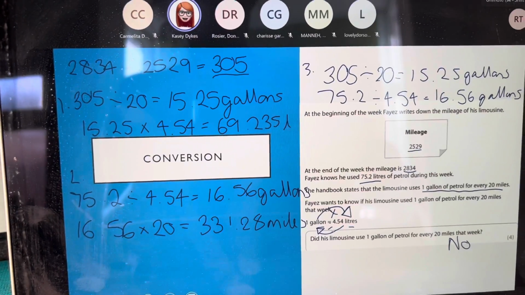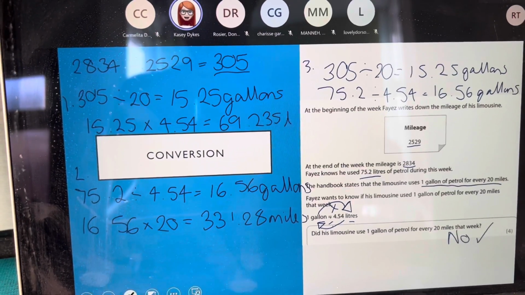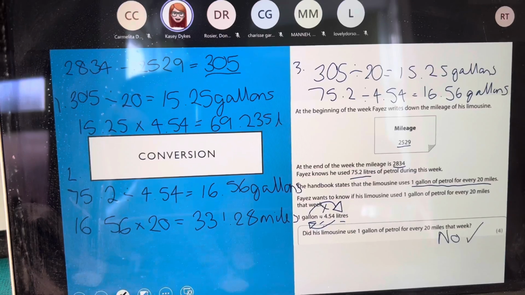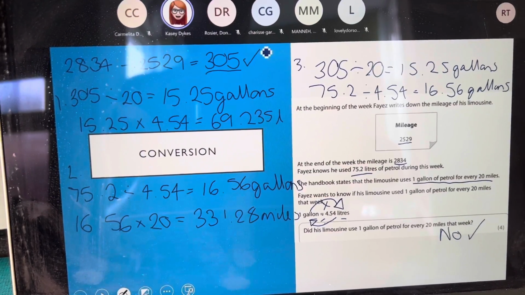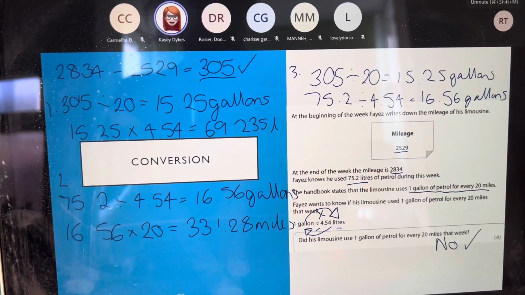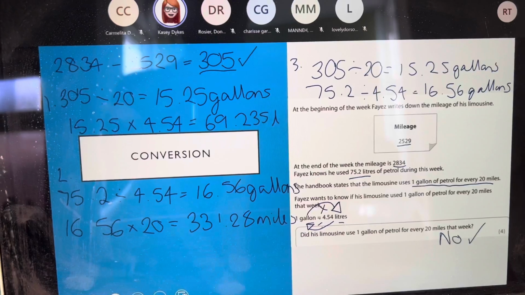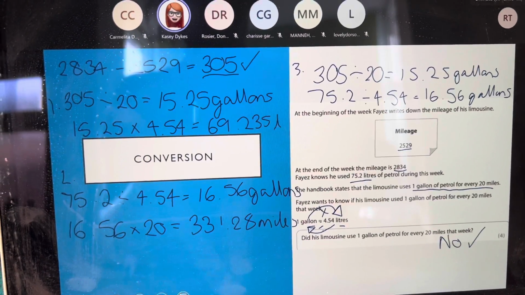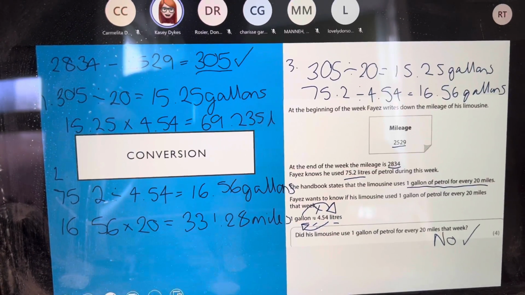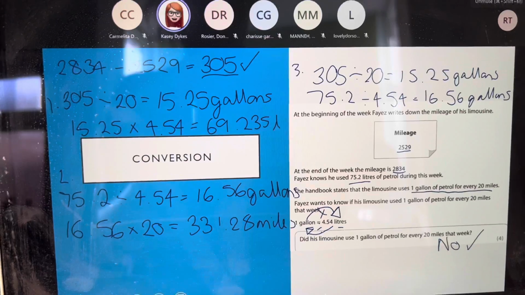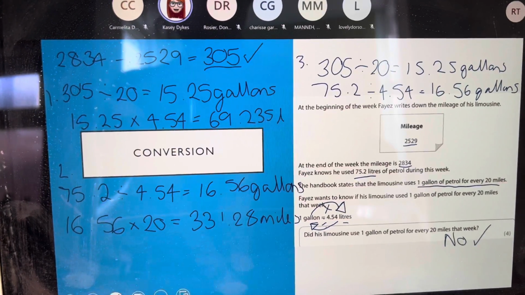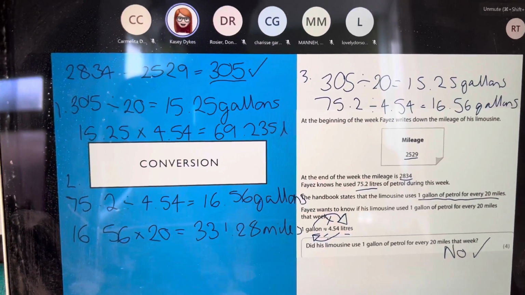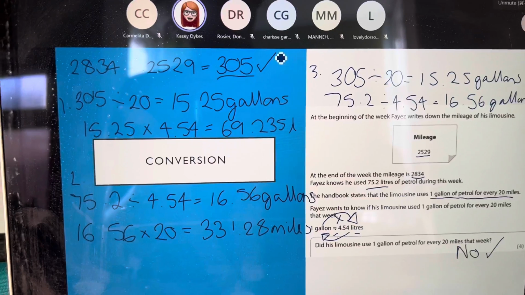1 mark is for saying no, and 1 mark is for finding your 305, because you've had to do that for all 3 methods. And then the other 2 marks are for your conversions within your method. So whichever method you've chosen, at some point you've had to multiply or divide by 20, so that's worth a mark.